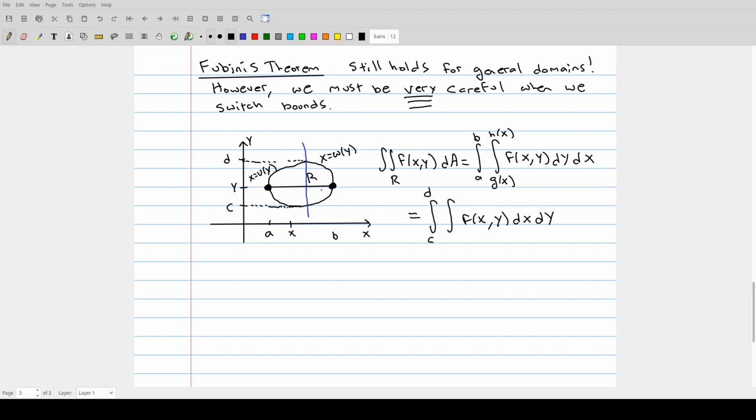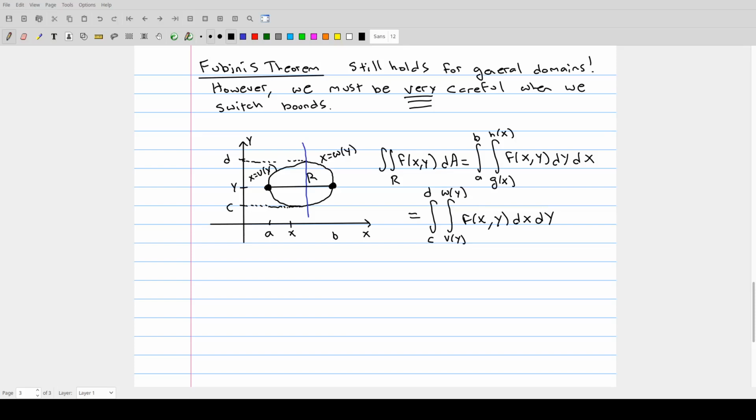This is the upper bound in the domain. So if you consider this straight line sliding from C to D, the upper bound and the lower bound on a general domain are changing as these specific functions. So v of y right here, and then w of y right here.